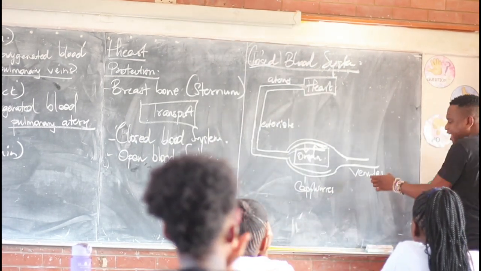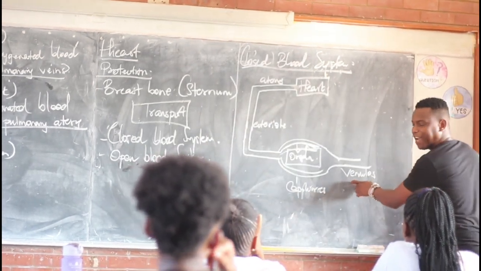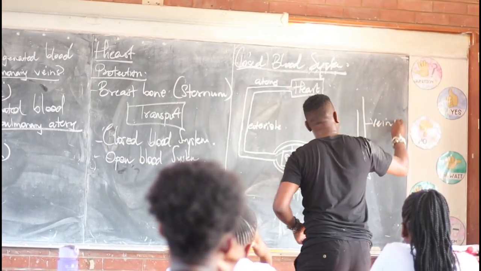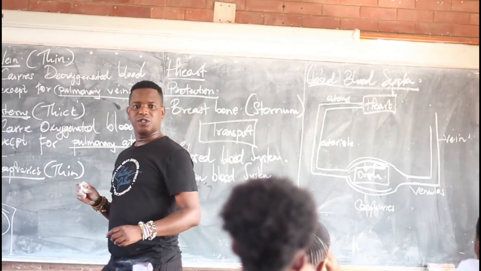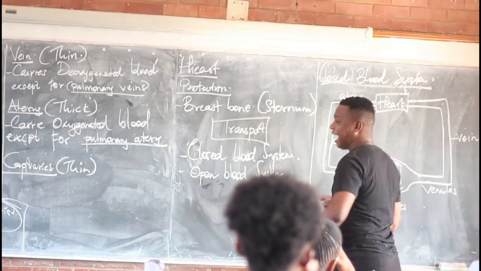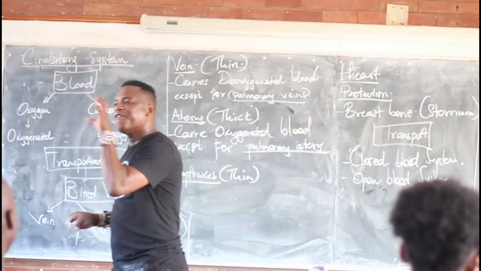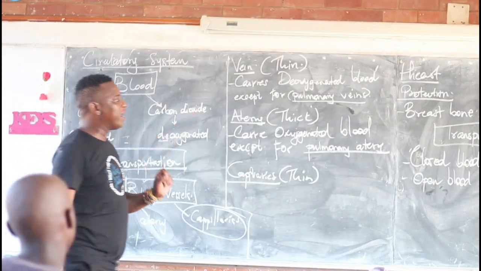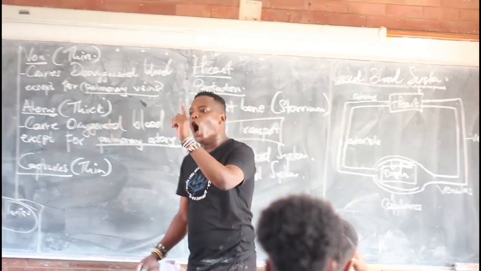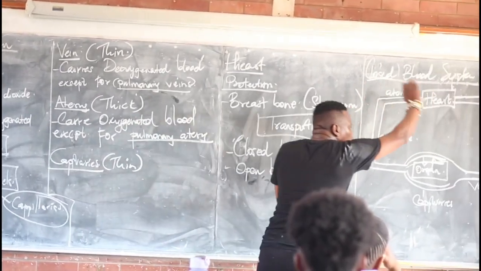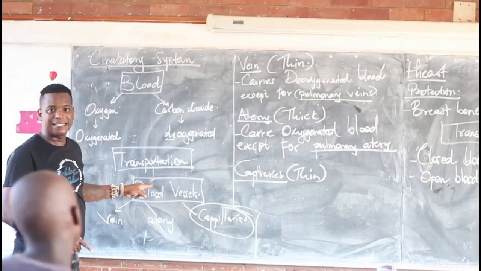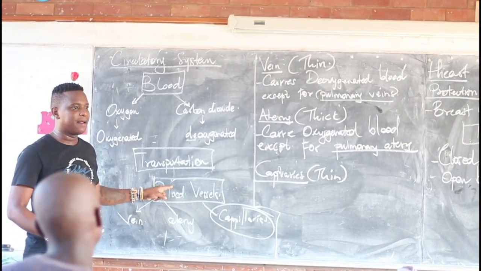When the capillaries rejoin, they form a venule, and when the venule moves toward the heart, they form a vein. Then this vein takes us back into the heart. If it happens that way, we say it is a closed blood system because the whole circulation never left the blood vessels.